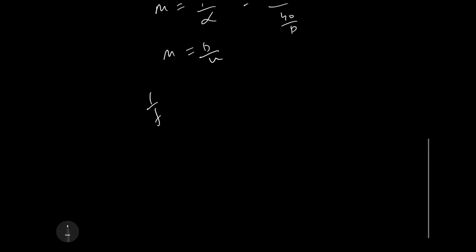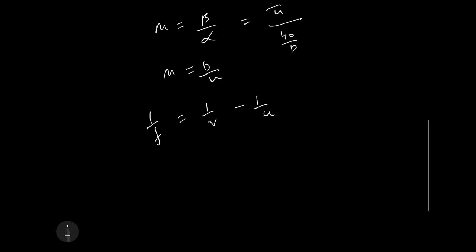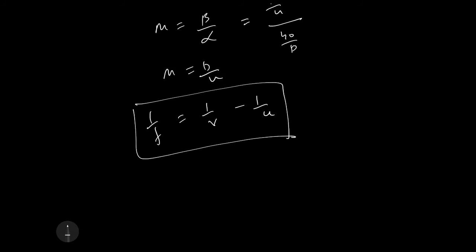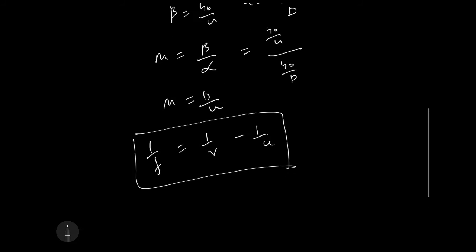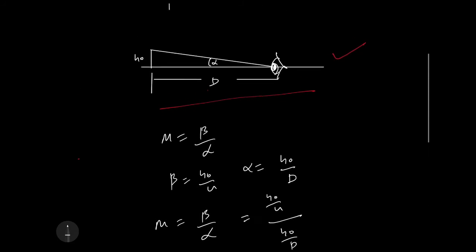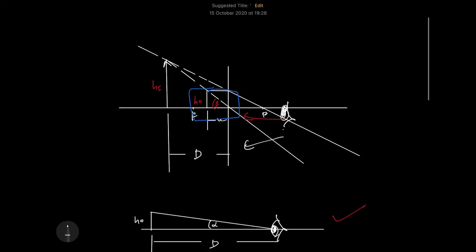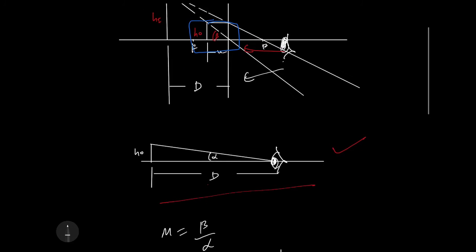Now say we use our lens equation, 1 upon f is 1 upon v minus 1 by u. This is our generic lens equation, but whenever we want to use it, we need to use the different distances keeping their sign convention in mind.